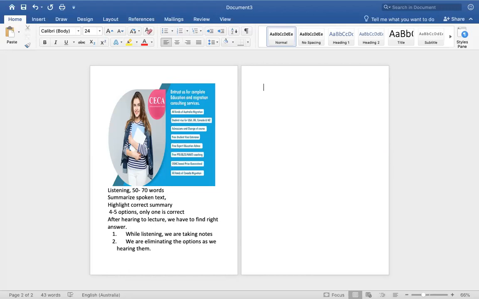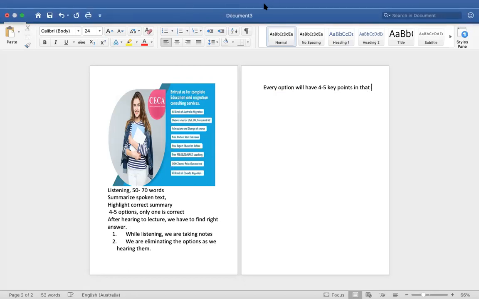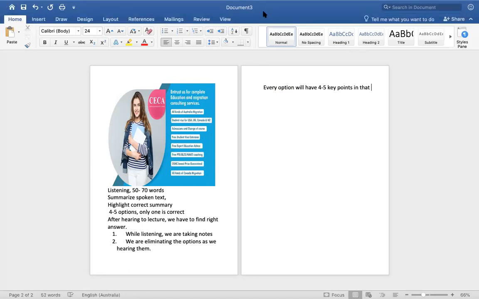Now, the thing here is every option will have 4 to 5 key points in it, right? So we are not matching only one piece of information. We are actually matching 4 to 5 pieces of information.